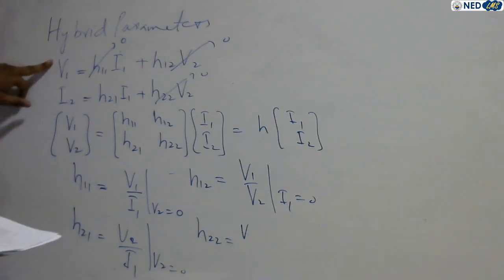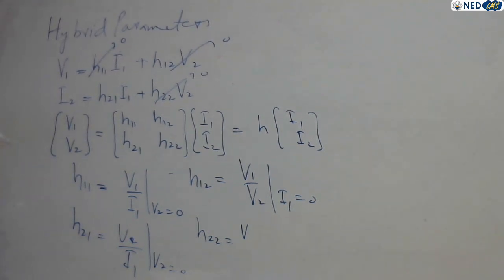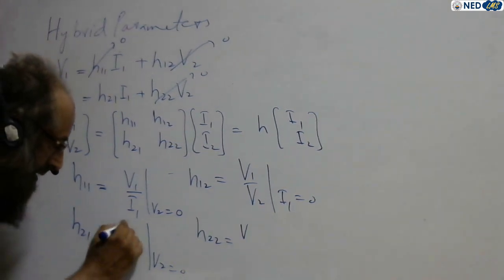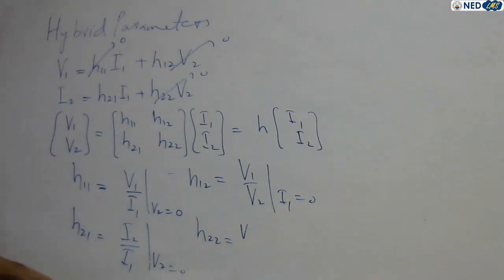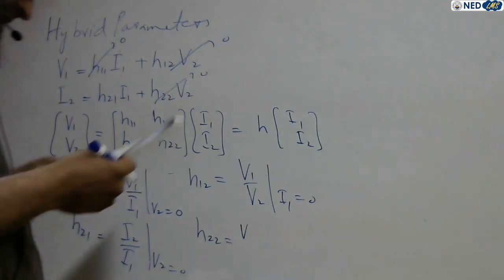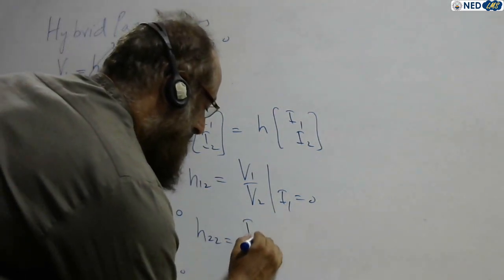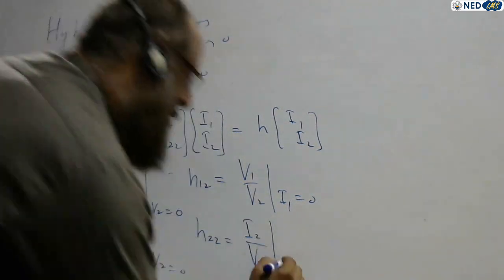In one equation the dependent variable is V1, and in the other it is I2. So, H21 is the ratio of I2 over I1 with V2 equal to 0, and H22 is the ratio of I2 over V2 with I1 equal to 0.